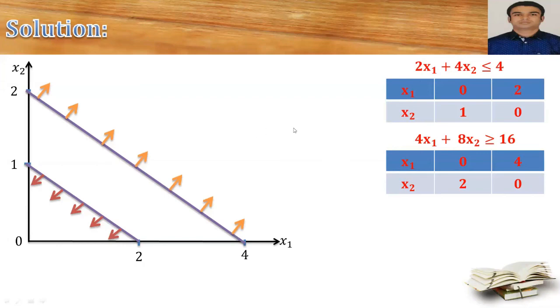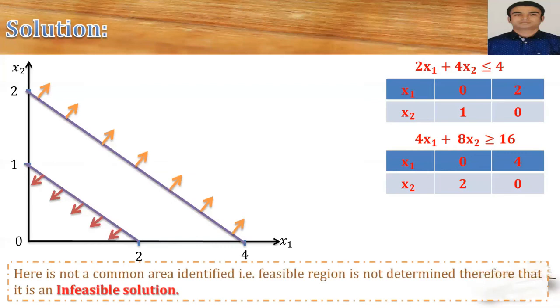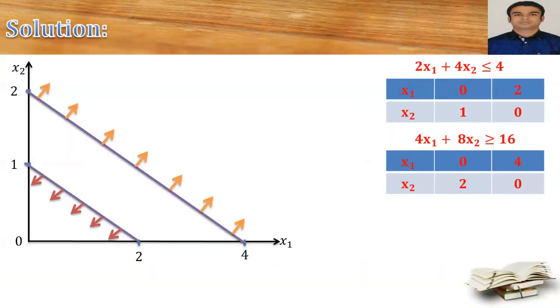Now what happened in this problem? In this problem, there is no common area, which means the feasible area is not determined. For the first constraint equation, the area considered will be this one, on the origin side. And for the second constraint equation, the area considered will be away from the origin side.